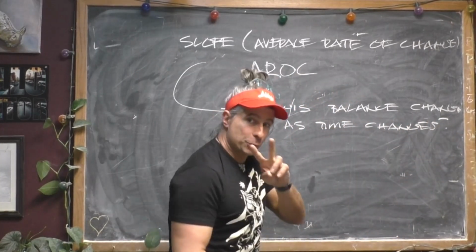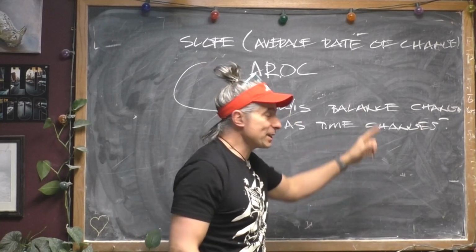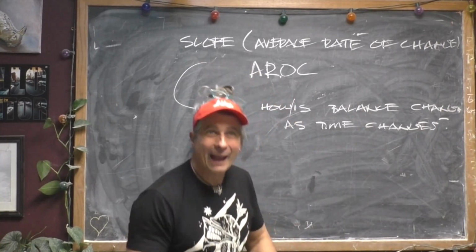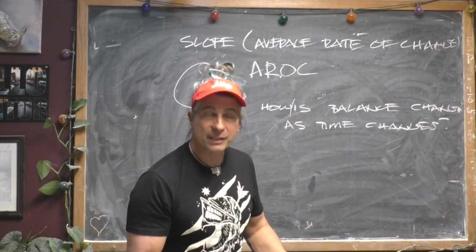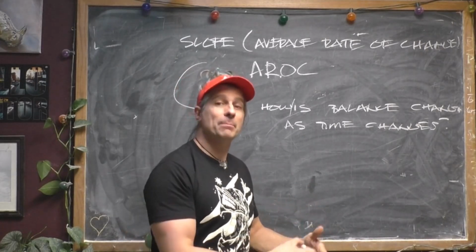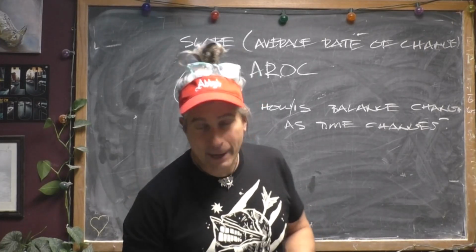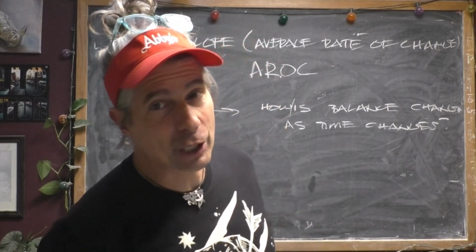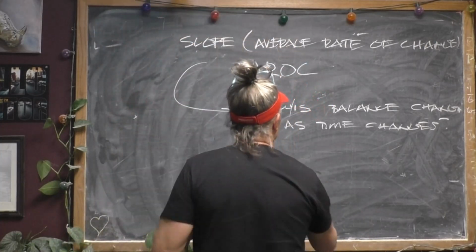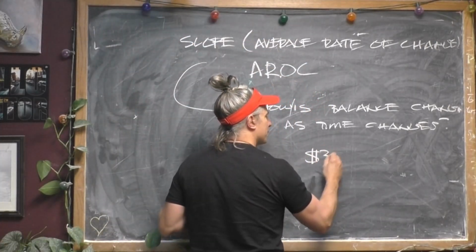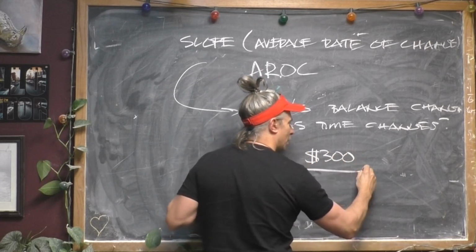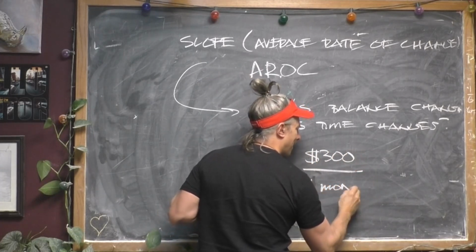Well, we know two numbers, right? The balance is changing $300. But how often is the balance changing $300? It's changing $300 each month. So thinking back to Math 98, the unit fraction here is a change of positive $300 per 1 month.